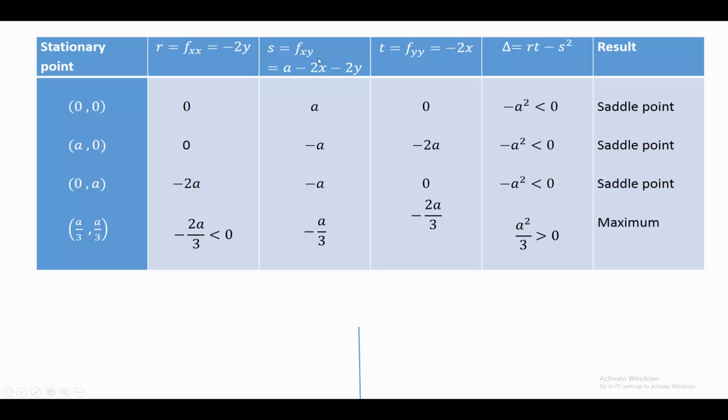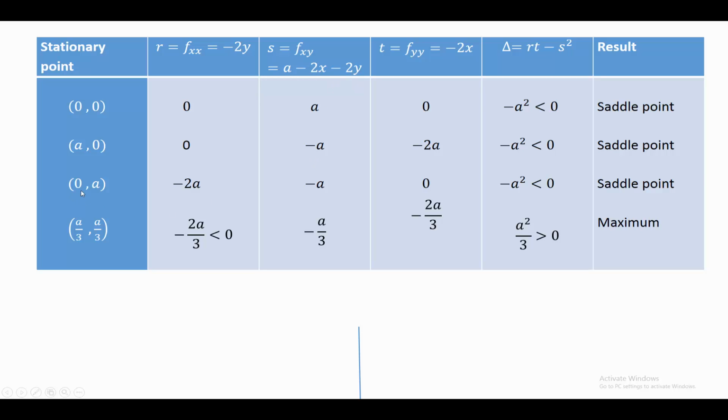Now s is f of xy. F of xy, its value is a minus 2x minus 2y. At (0, 0), the value of s is a minus 0, which means a only. Next point (a, 0), x is a, y is 0, so a minus 2a minus 0 is minus a.